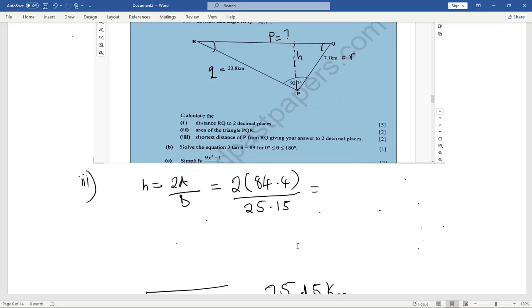So 84.4 multiplied by 2 gives us 168.8. So we have 168.8 like this here. Then we divide by 25.15.